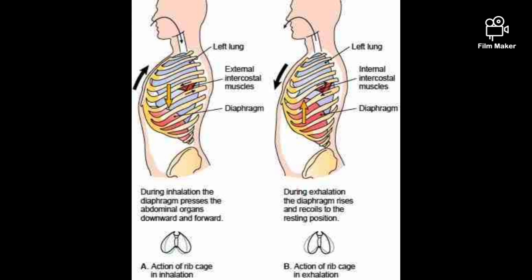During expiration, the diaphragm relaxes and takes back its original dome shape, thus resulting in a decrease in the vertical space as it tucks into the thoracic cavity. The chest wall, which was pulled outward and upward during inspiration, is brought back to its original position by the contraction of the internal intercostal muscles.